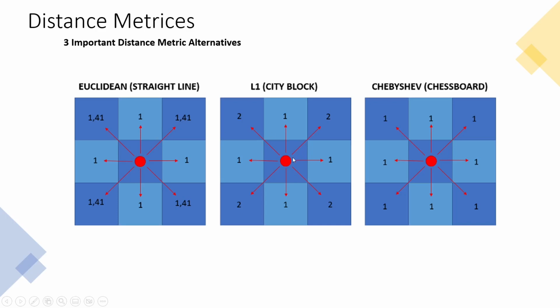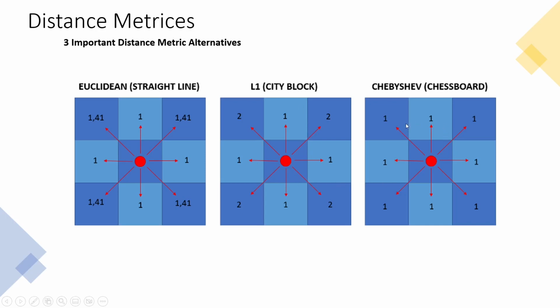If we use Manhattan distance, going straight the distance is 1, but going diagonally the distance is 2, because we need to go here, here, or here, here. So we have 2 moves.